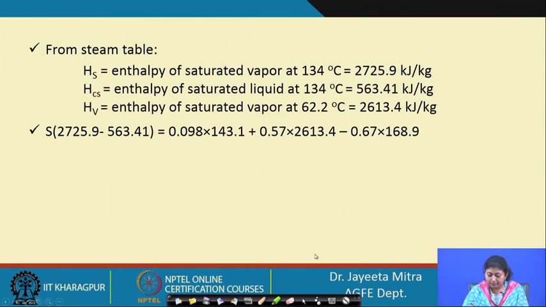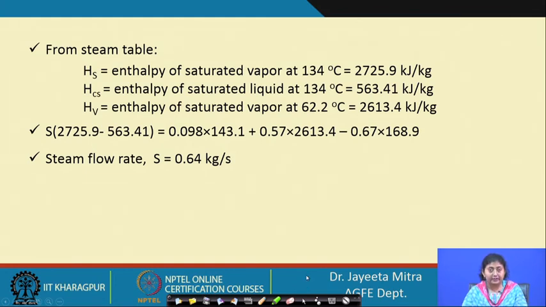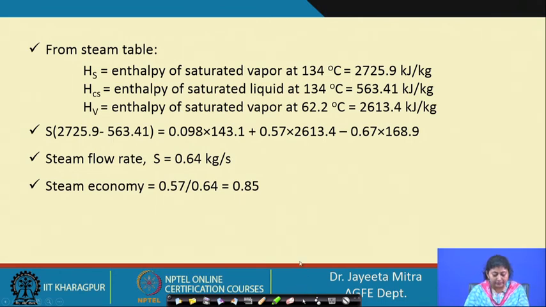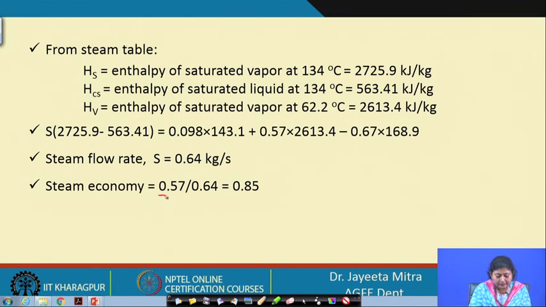Putting all these values we can calculate the value of S, that is 0.64 kg per second. So, steam economy will be what? The vapor that is evaporated is 0.57 kg per second and the steam that is being used is 0.64. So, steam economy is 0.85.